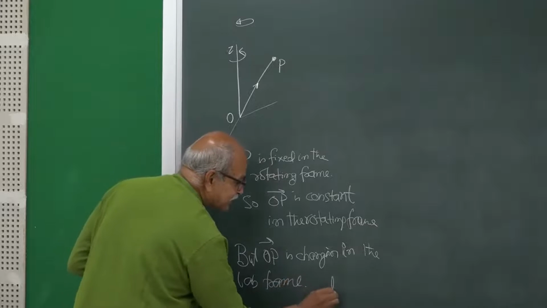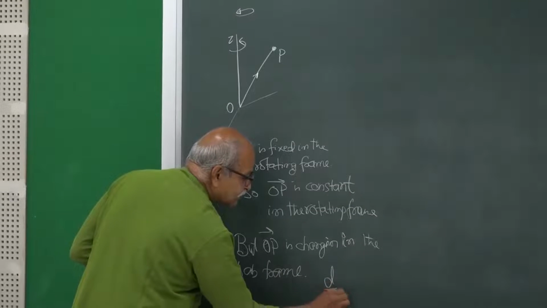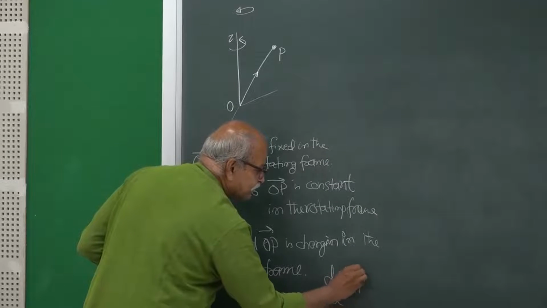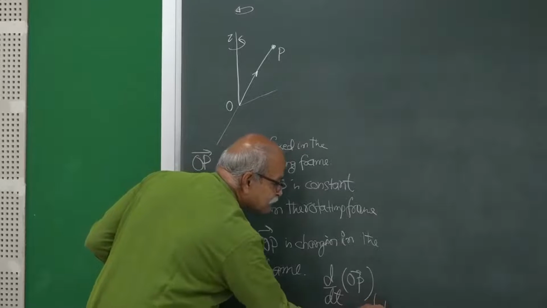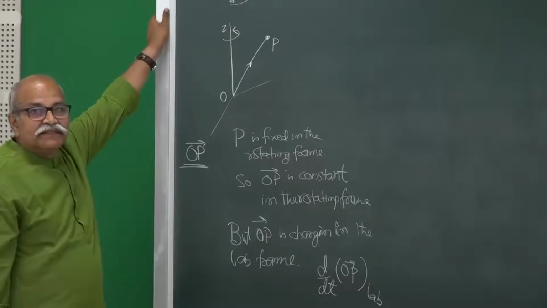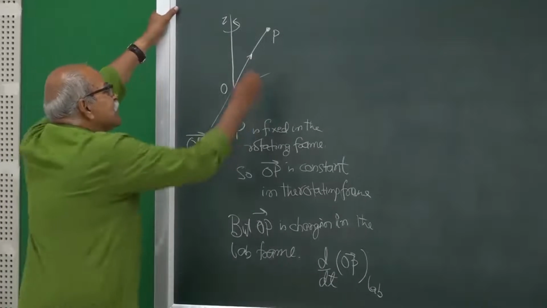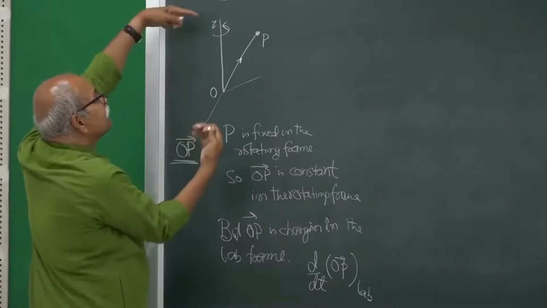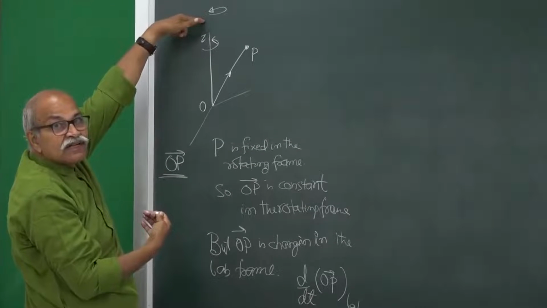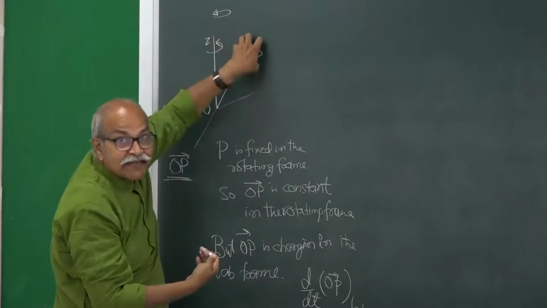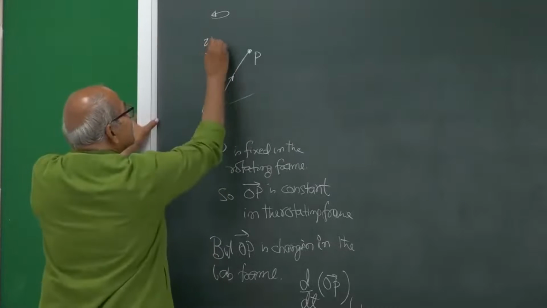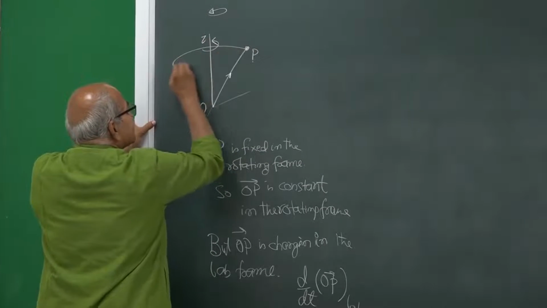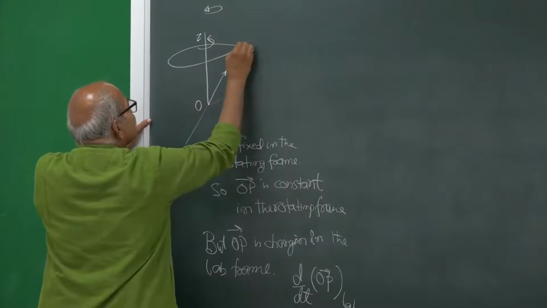I am interested in at what rate this OP is changing in the lab frame. So what do I do? Since the entire frame is rotating about the z axis and the point P is fixed in that frame, P is also rotating about the z axis and it is going in a circular path.